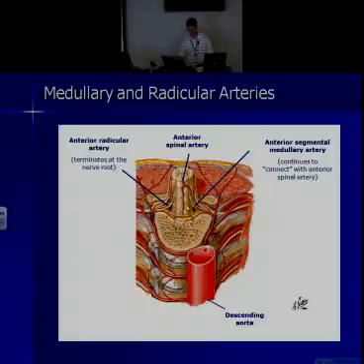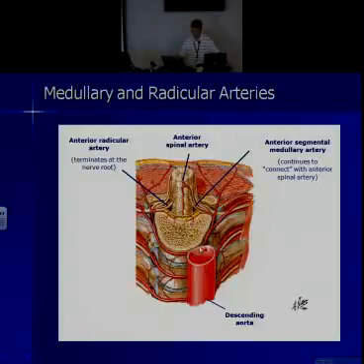My intent with these couple of slides was only to point out how there are some inconsistencies. As that descending aorta drops down your thoracic cavity, it's sending out segmental branches all along the way that eventually make their way back to the spinal cord. Some of those sneak around at each level and only plug into the local stuff, the nerve root at that level, and that's the radicular artery.